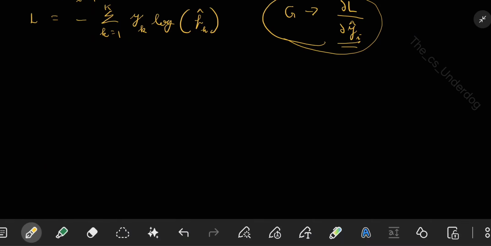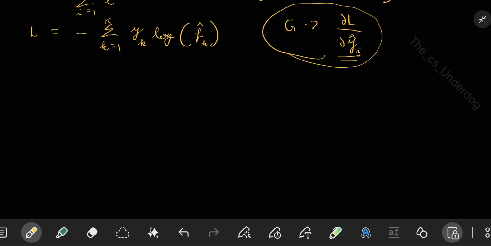Let us start with the first step here. First thing, the final thing is this, but you can directly find this out. Instead, there is a way. Instead of this, you can say my del L by del yi cap can be divided into two parts.